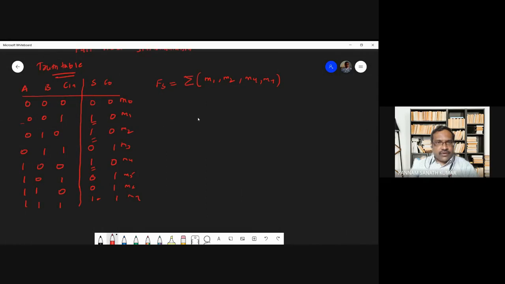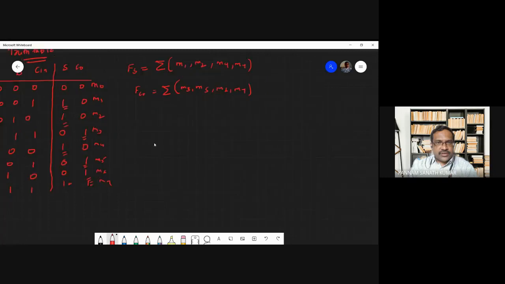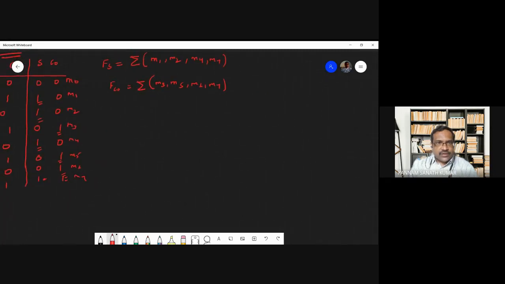And what is carry out? Carry out equals summation of m3, m5, m6 and m7. So I got the minterm expressions for sum and carry.